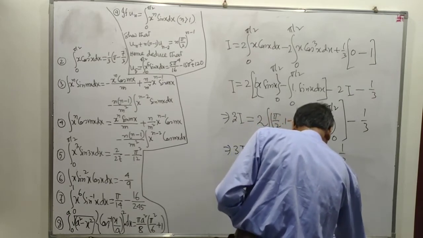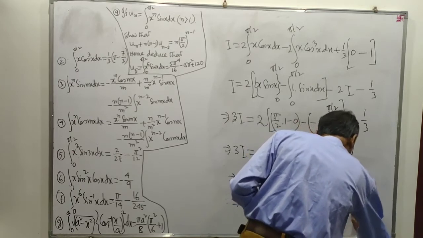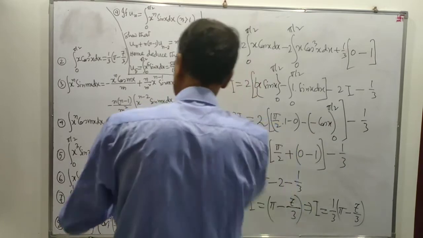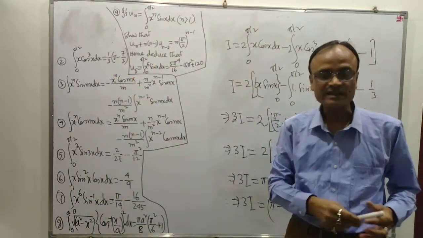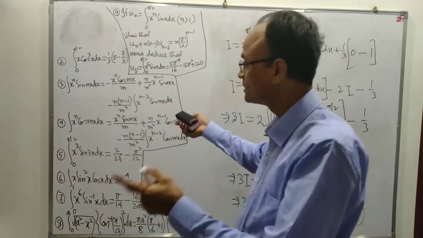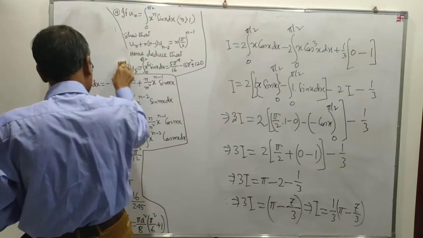This means I equals 1 by 3 pi minus 7 by 3. This one, 1 by 3 pi minus 7 by 3. We have solved. We have proved number 2 also. Number 2.